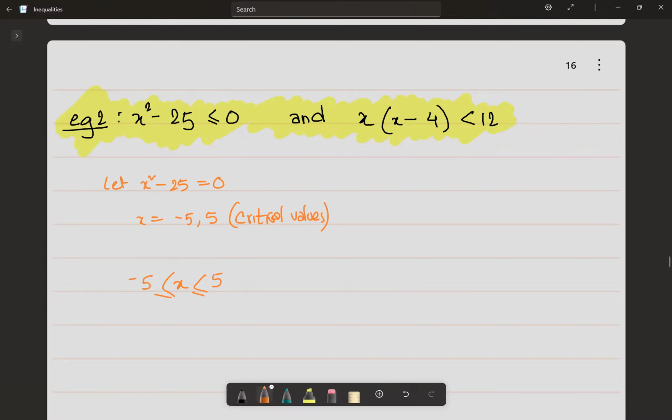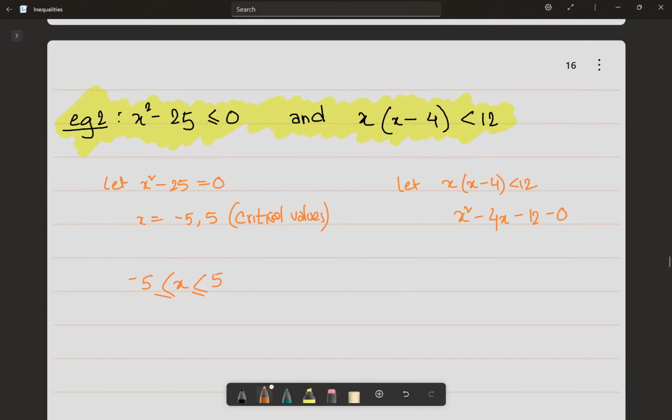Now for this one, we again will consider this to be an equation. So we will write, let x squared minus 4x minus 12 be equal to 0, because we are considering it to be an equation.